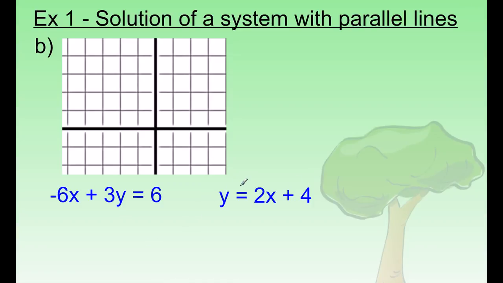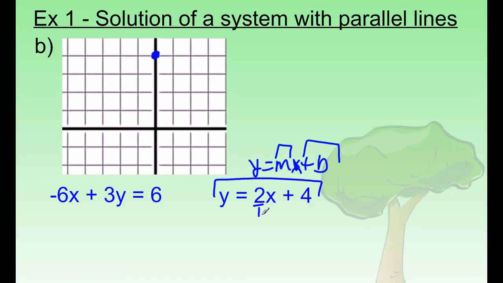Okay, so this first equation we can graph. It's already in slope-intercept form. y = mx + b, just as a reminder, where the m is the slope and the b is the intercept. So the intercept is 4: 1, 2, 3, 4 on the y-axis. It is the y-intercept. And the slope is 2, as a fraction 2 over 1.